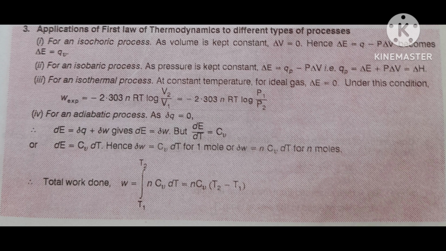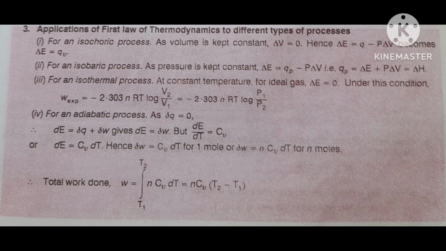Hence in the same equation, the first law of thermodynamics, in the place of delta E you write 0. Then only two terms will remain, Q and P into delta V. Correct? Then Q is equal to P into delta V.